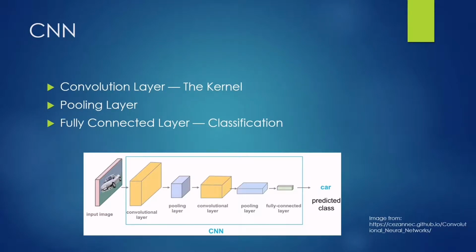The third method is CNN. There are three important layers in a CNN model: the convolution layer, the pooling layer, and the fully connected layer.